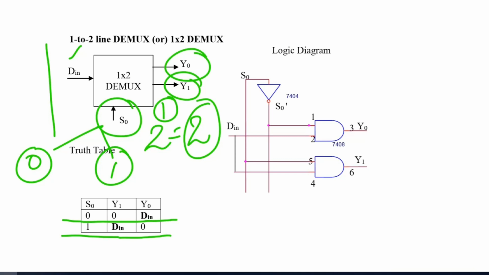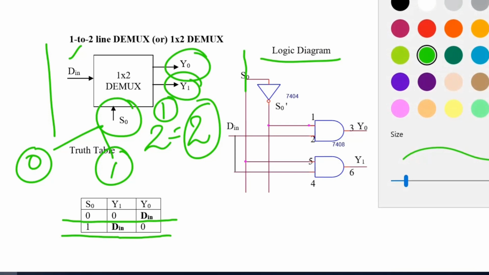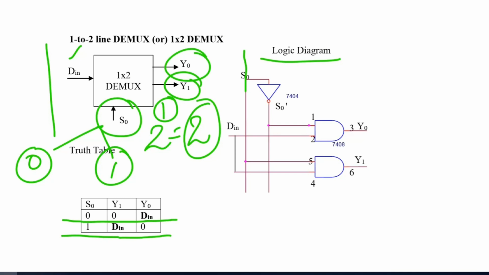In the logic diagram, see here we have only one selection line which takes the value 1 and 0. How to get the 0? For that we are using 7404 NOT gate. So how about Y0? Y0 receives D in when S is equal to 0, that is S0 dash and D in.